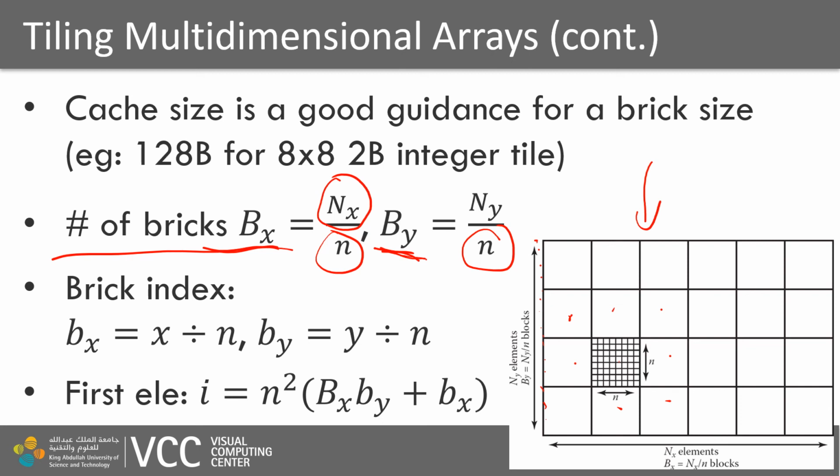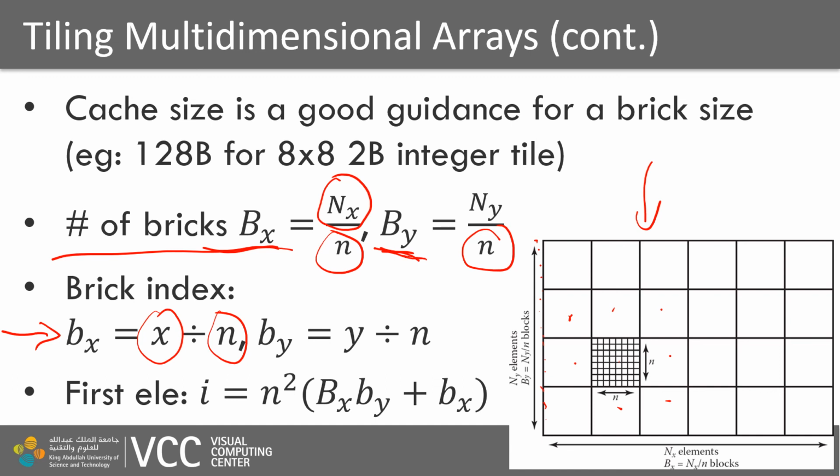If we want to perform a certain brick indexing, so in which brick we are, we can use the integer division, where we divide our x coordinate of our xy two-dimensional array by n. And then we get to the beginning of our brick, which brick in x it resides in.